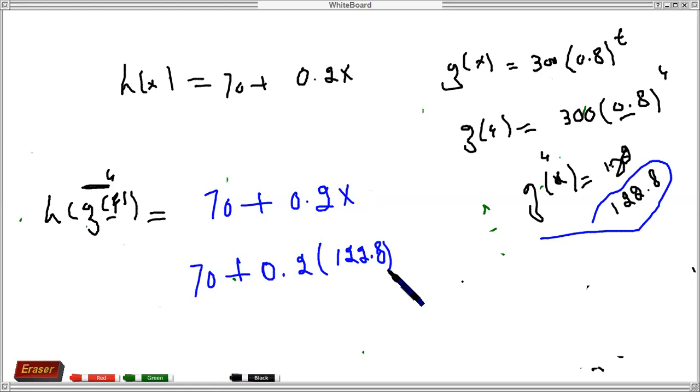So you can multiply these, 0.2 multiply with 122.8, correct? Also plus 70, so equal to 94.56. Clear?